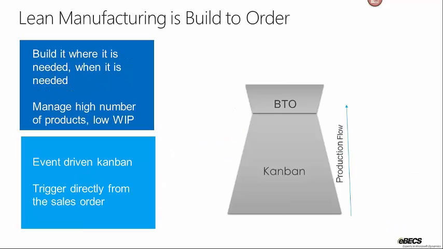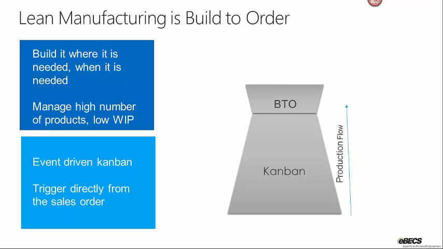So build to order. We're able to build it when we need it, where we need it. And this allows us to manage a wide range of products while keeping low inventory. You need to have an efficient supply chain to be able to utilize that. But if you do, there are something called event Kanbans in AX. Event Kanbans can be triggered directly from a sales order, and we're going to show this in a quick demonstration once we finish this slide section.